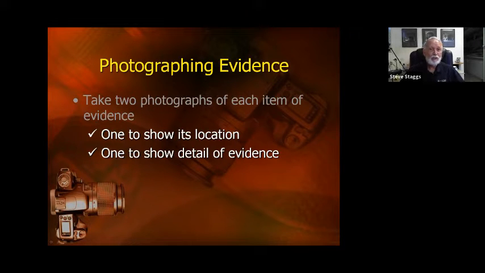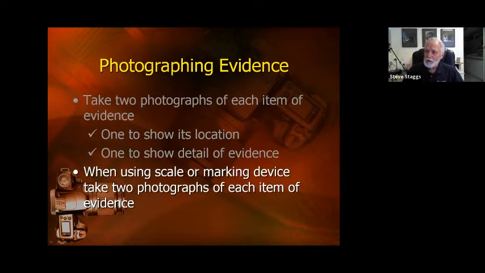Where was it in relation to the window that we're alleging the person climbed through? Which direction is it facing at the window? All of those sorts of things can be critical to our case. So this is actually a very important step in photographing evidence, is to have that mid-range to show where in the scene our evidence is located.